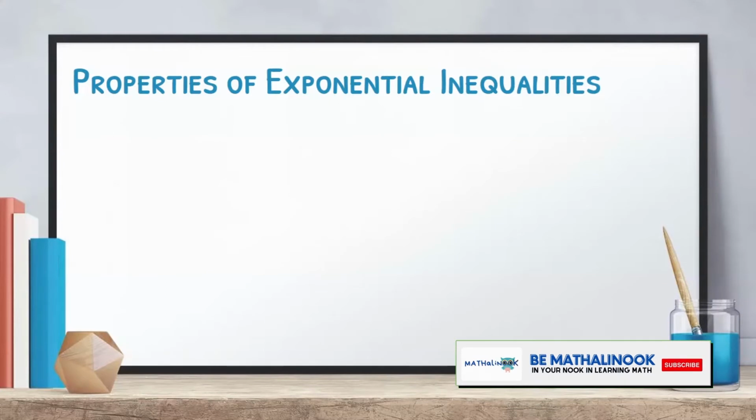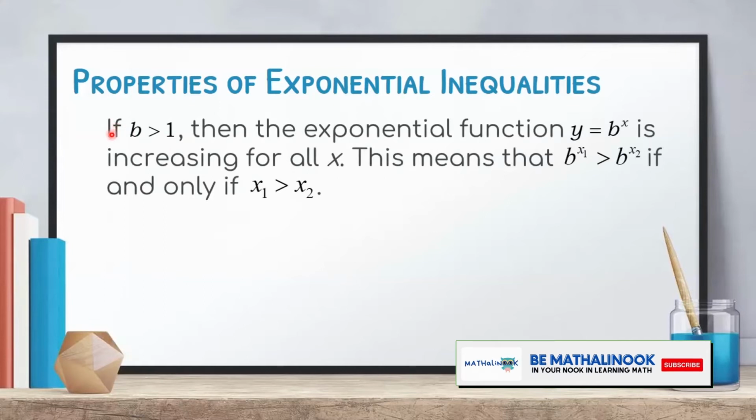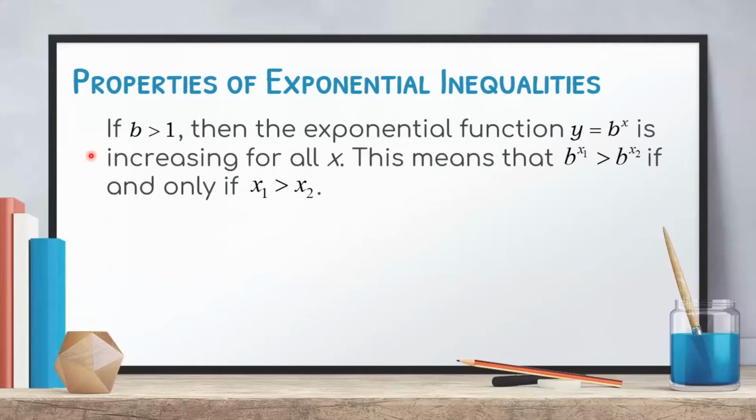In solving exponential inequalities, remember these properties. If b is greater than 1, then the exponential function y equals b raised to x is increasing for all x. This means that b raised to x sub 1 is greater than b raised to x sub 2 if and only if x sub 1 is greater than x sub 2.